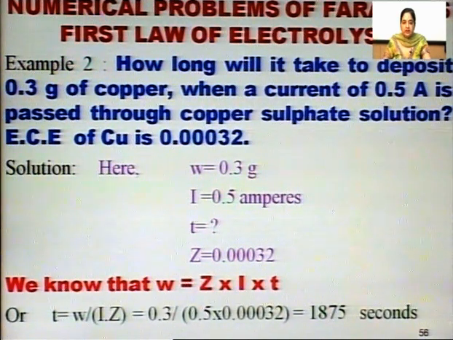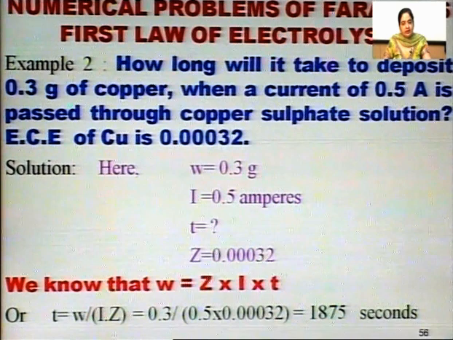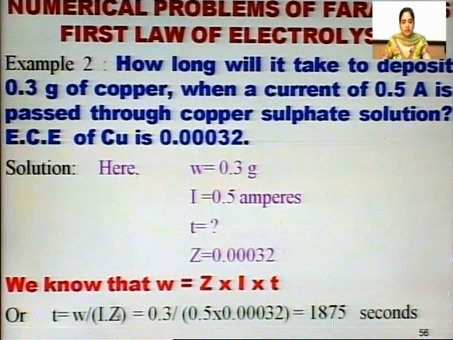So T is equal to W over I into Z, which is equal to 0.3 over 0.5 into 0.00032, and this is equal to 1875 seconds.